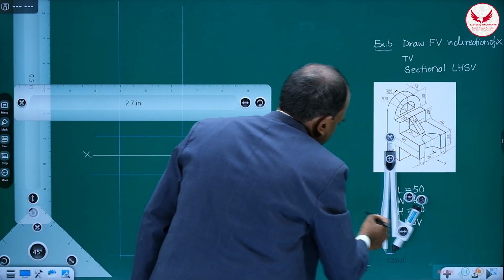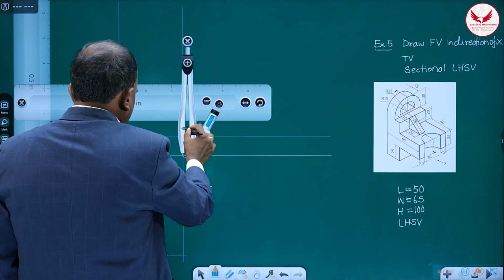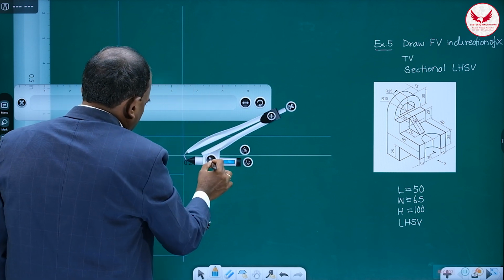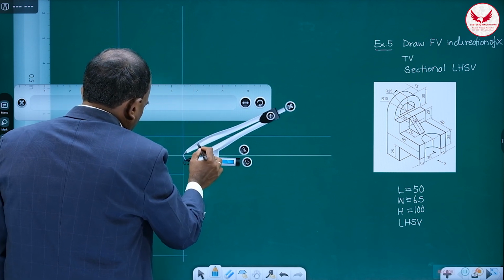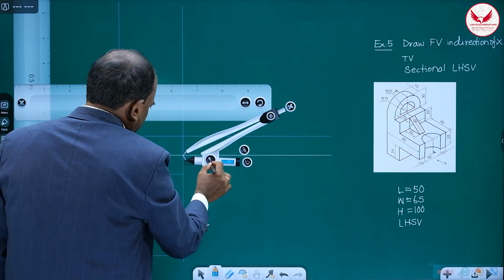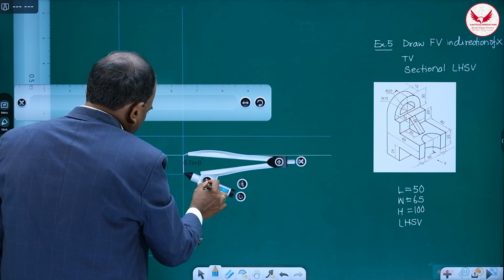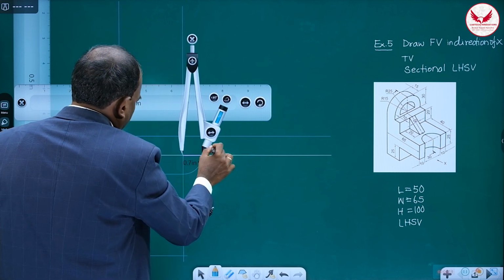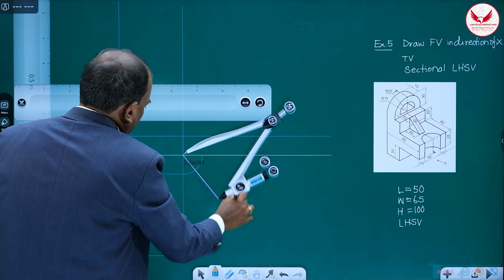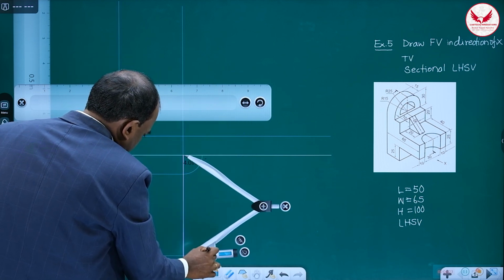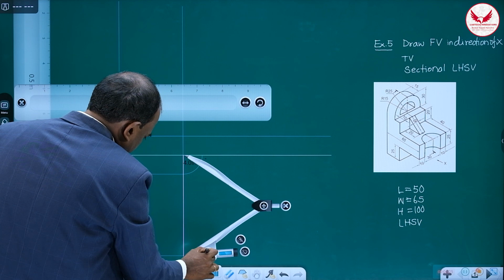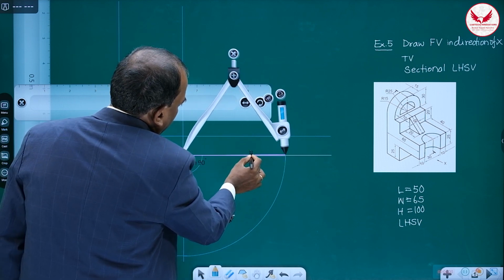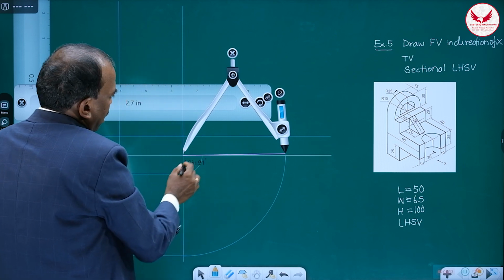After marking the width, make use of the compass. How to use the compass? Keep it at this place, which is going to be the center for rotating the lines from the top view to the side view. Rotate it by 90 degrees. Then again increase its radius like this, and rotate it by another 90 degrees, which will intersect that reference line.